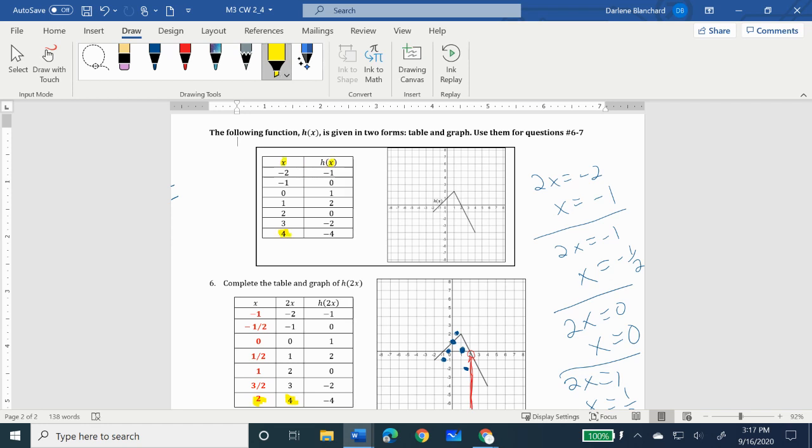And it says, "I'm 4, coming right in." h says, "I give you -4." And now I'm going to plot that point. When x = 2 goes in, -4 comes out.